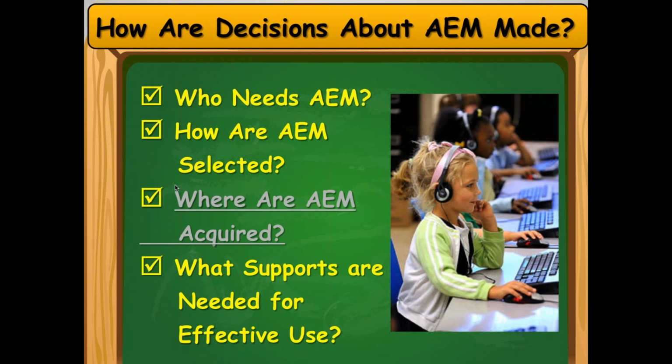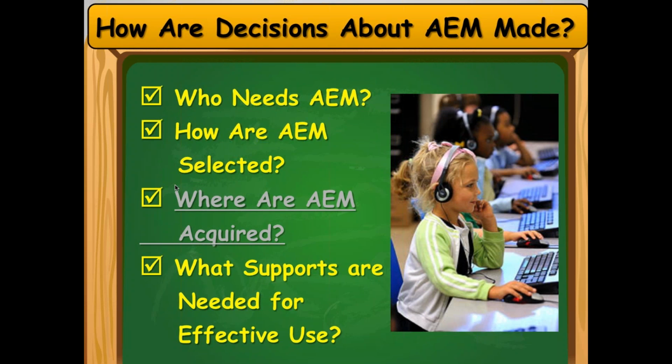And that's a criterion for ability, then the IEP team needs to identify which of the AEM options will be best for the student. So then subsequently, number two is selection. How are AEM selected? The team determines which specialized format will be most useful for the student, and more than one may be needed at a time.